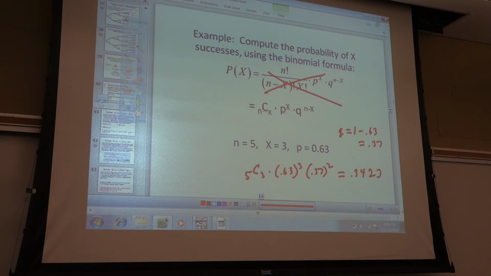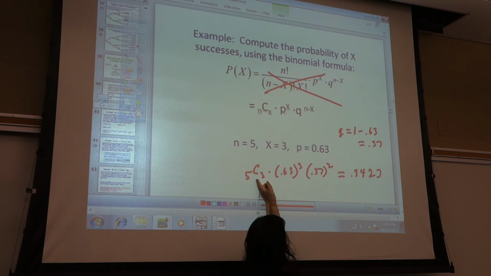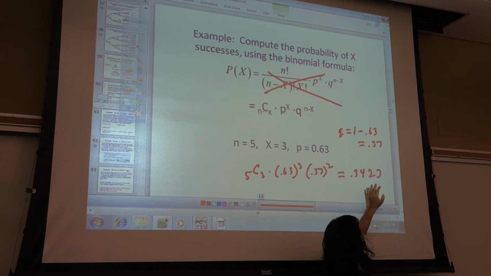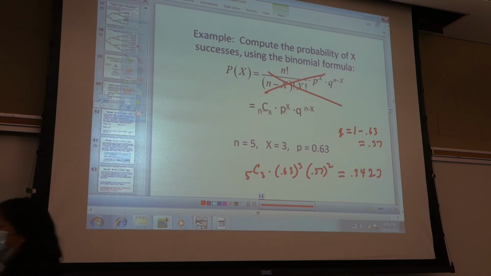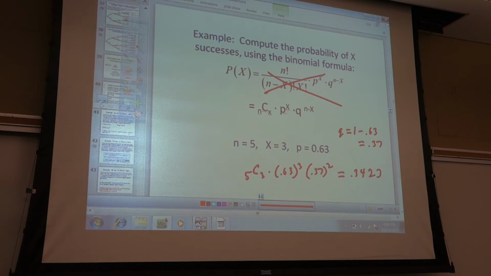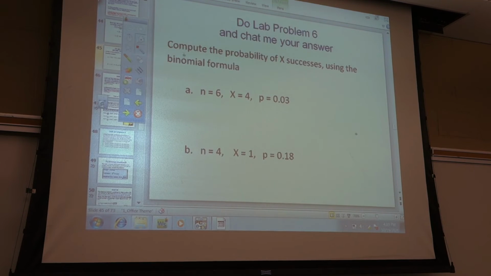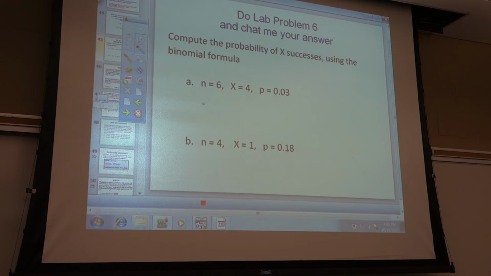I need just this part down below. The 5 choose 3 times whatever to the 3rd, times whatever to the number of failures you have, and then your answer. So for you folks, the first one, you have 6 of them. You're going to choose 4 times 0.03 to the, how many successes do I have? 4.